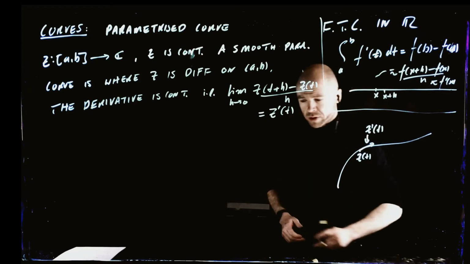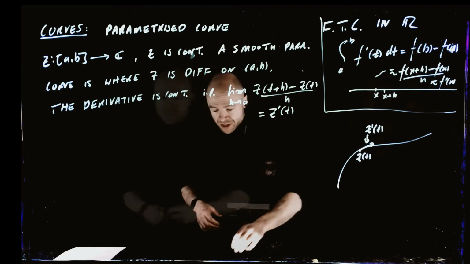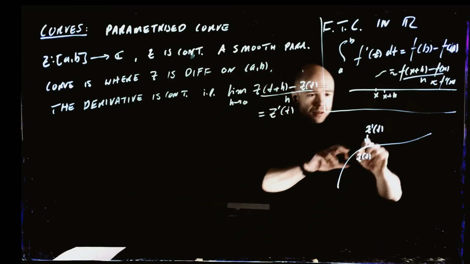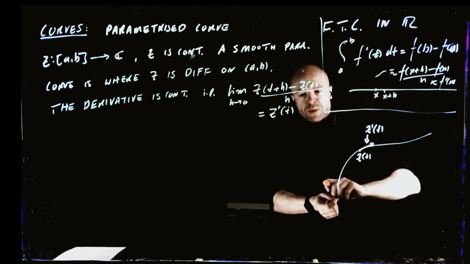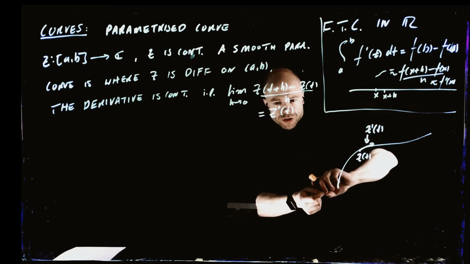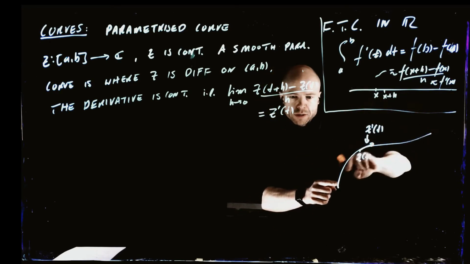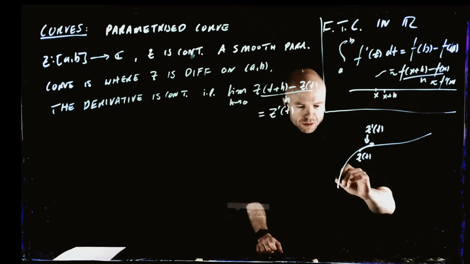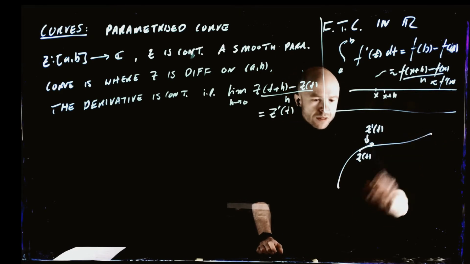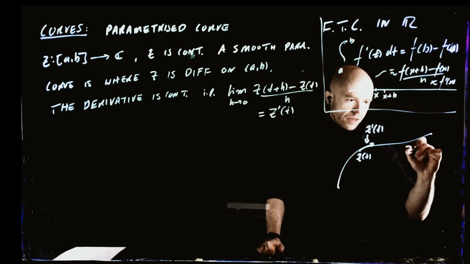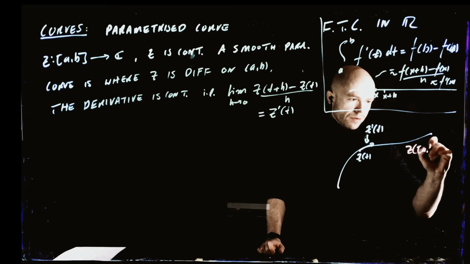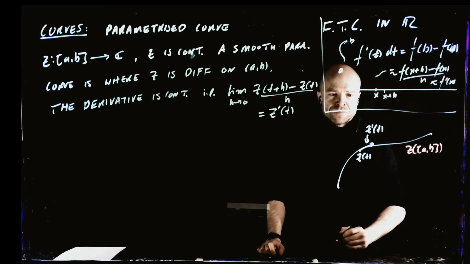Tell me about the length of this vector. So the length of this vector depends on how fast our parameterization is going across this set of points, right? So this thing here could be the image of z over some interval a, b.